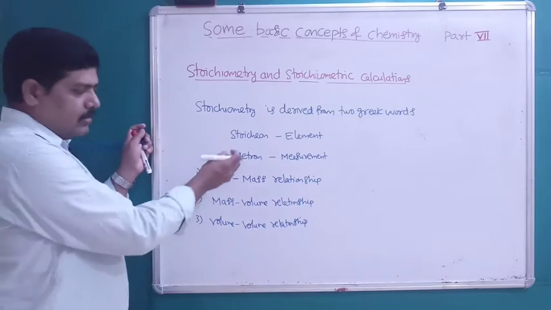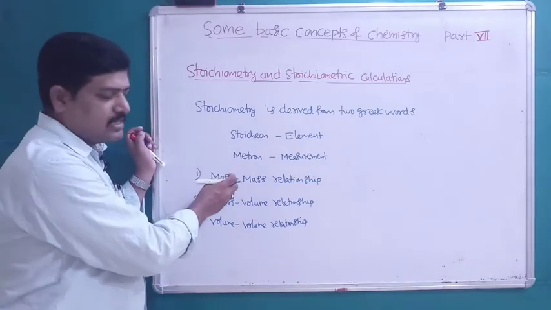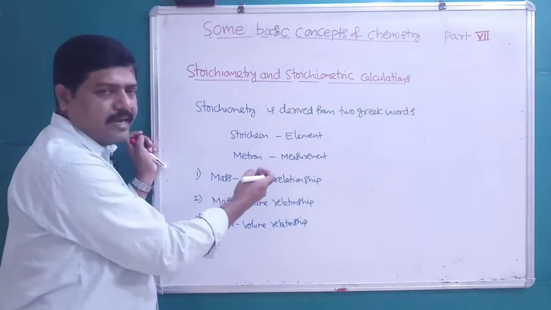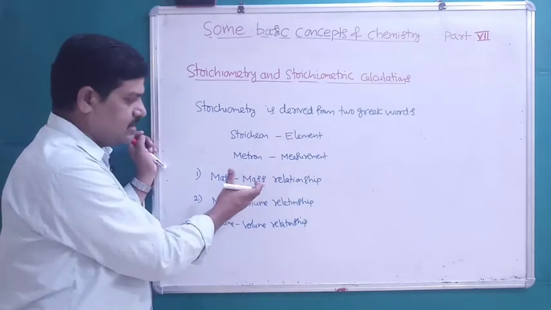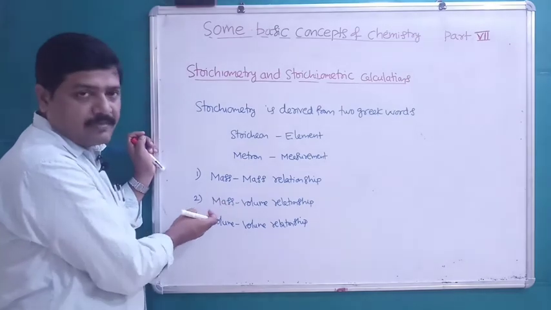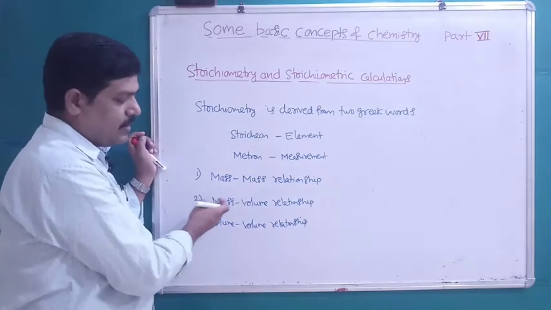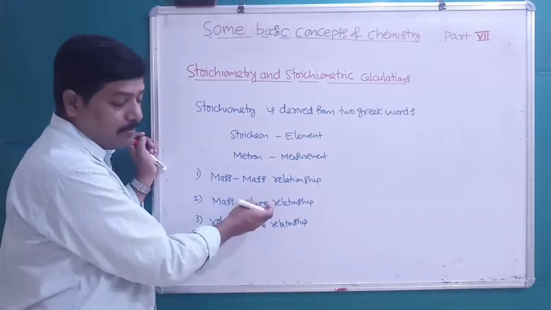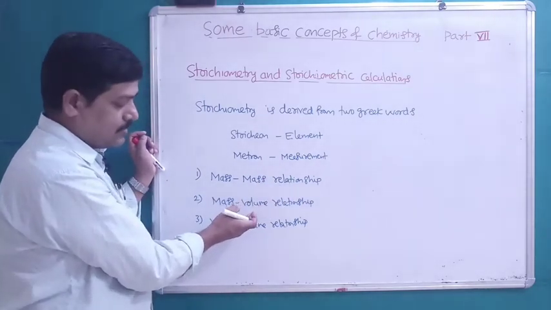That means the mass of the reactant is given, and they are asking how much weight of the product is formed. Or the mass of the reactant is given, and how many liters or how many ml of the product is formed.